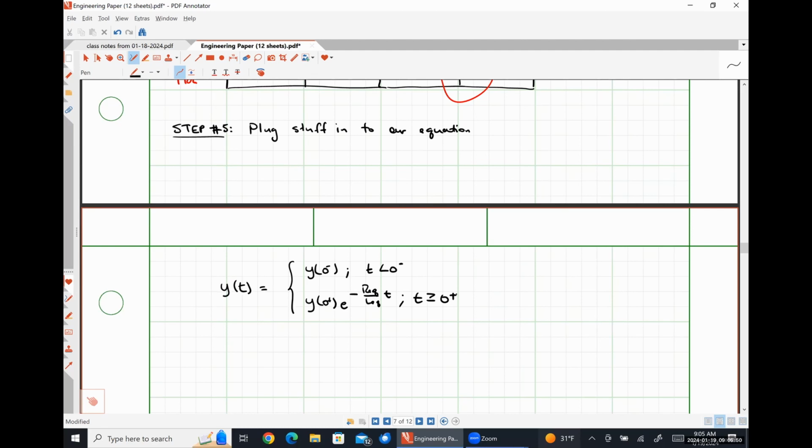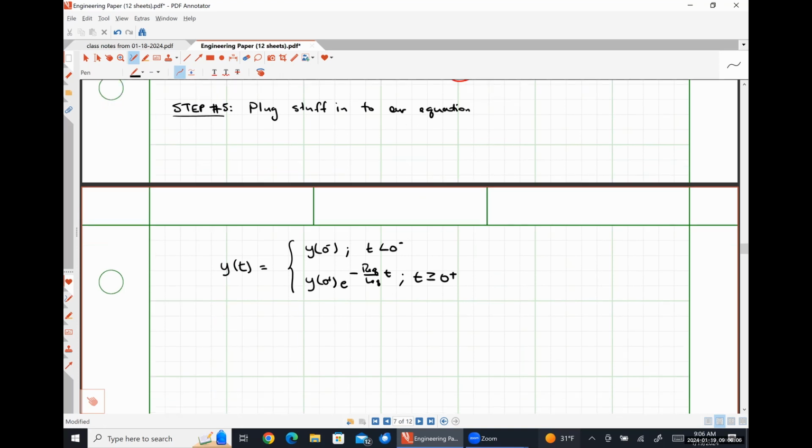So we now have a roadmap for any current or voltage for literally all points in time in our system, everywhere from negative infinity all the way out to positive infinity. We know how everything behaves.